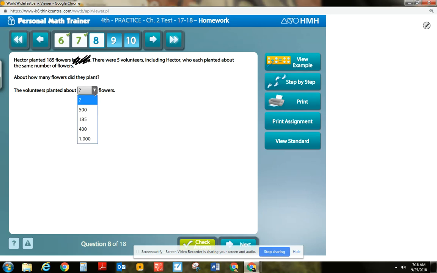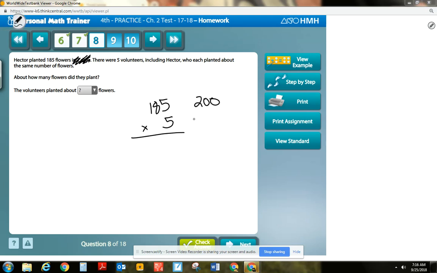Okay, so Hector planted 185 flowers, and each volunteer, there's 5 of them, planted, let's say, about 185. Now it says about how many, so I would say that's about 200 times 5.